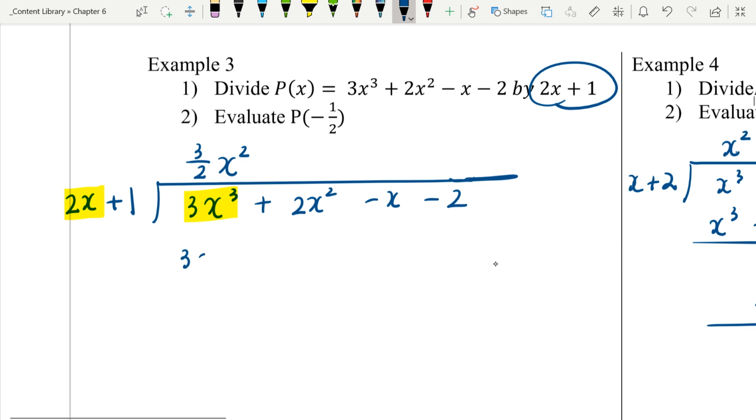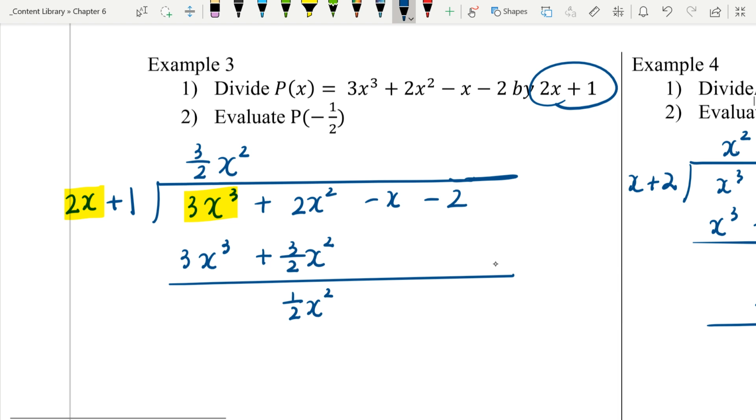So that's 3x cubed plus 3 over 2 x squared. Okay, what's 2 minus 3 over 2 equals to? Half. So we have half x squared left.